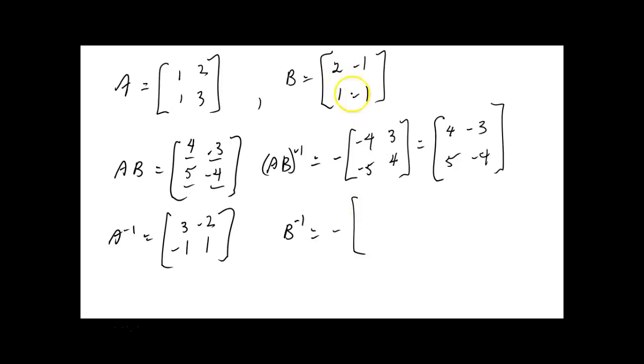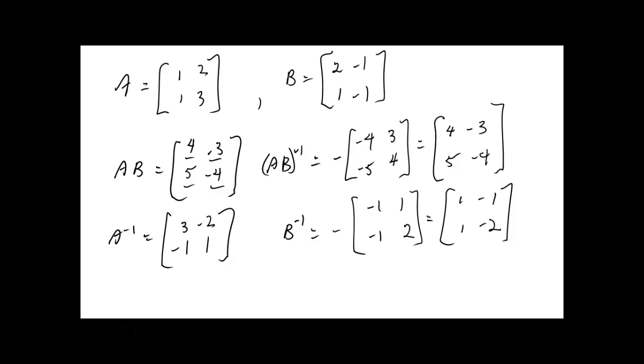You don't change the signs on those. -1, 2, you just change the positions. The other two, you change the signs. 1 and -1. Okay. Now, when you change the minus sign here because of the minus out front, what would that be? Okay, so there you have B inverse.